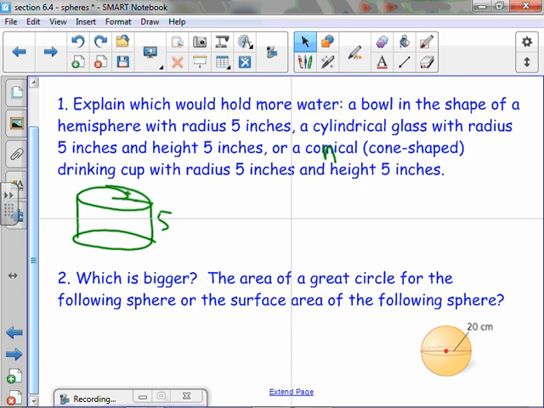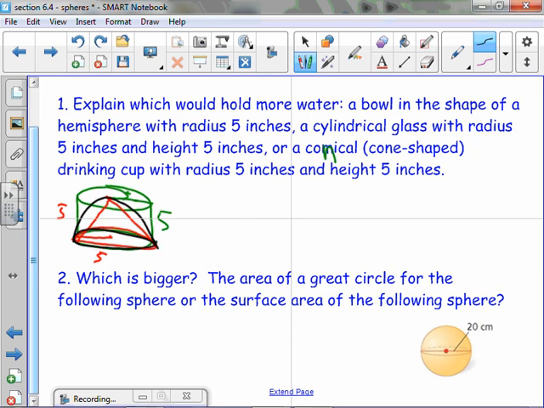Here's my cone. Height of 5 inches again. Radius again of 5 inches. And then my hemisphere, finally, is going to have a radius of 5 and a height of 5.